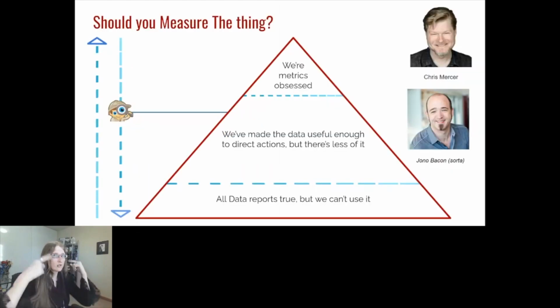So when you ask yourself, should we measure the thing? And how can we measure the thing? I want you to recognize that there is a certain amount of information that's always going to come into your community. The data is there and it's reporting true. People did do the thing, but it's not useful to specific members of your community. Going up and telling your CEO a highly detailed metric doesn't matter.